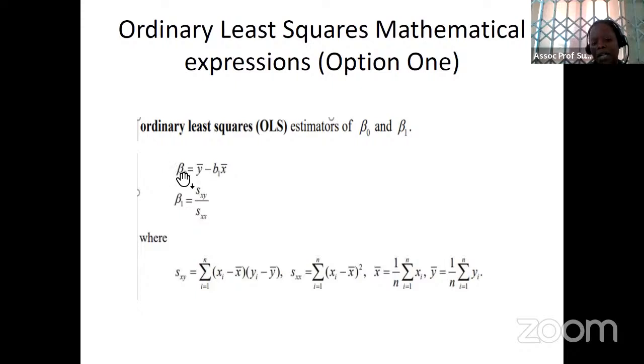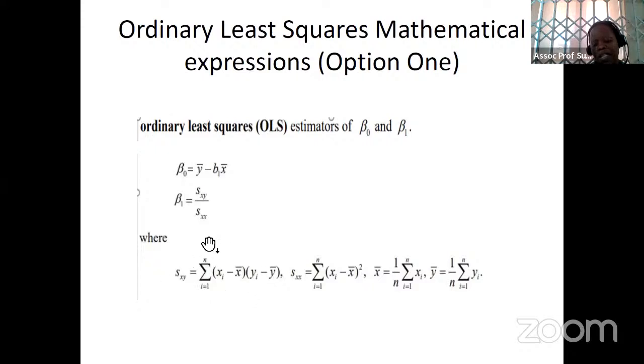You can see beta naught is the intercept and is equal to the mean of the response minus the slope times the mean of the predictor. Then the slope is equal to the sum of the cross products of y and x over the sums of squares for x.